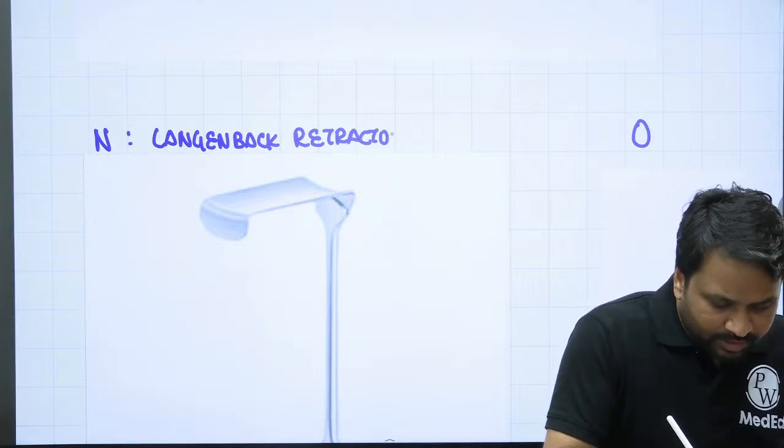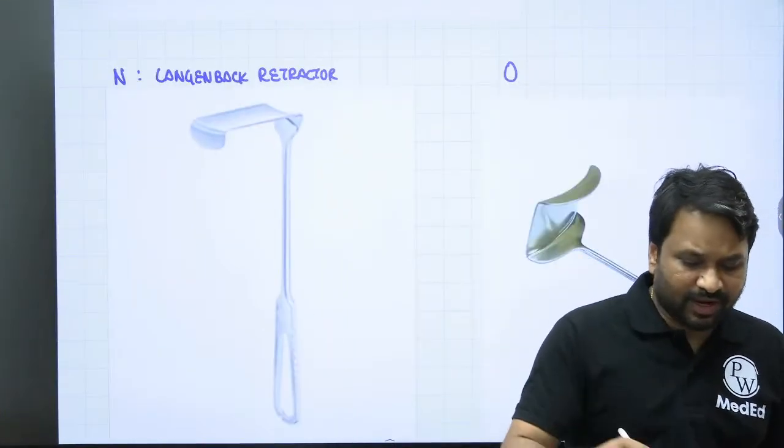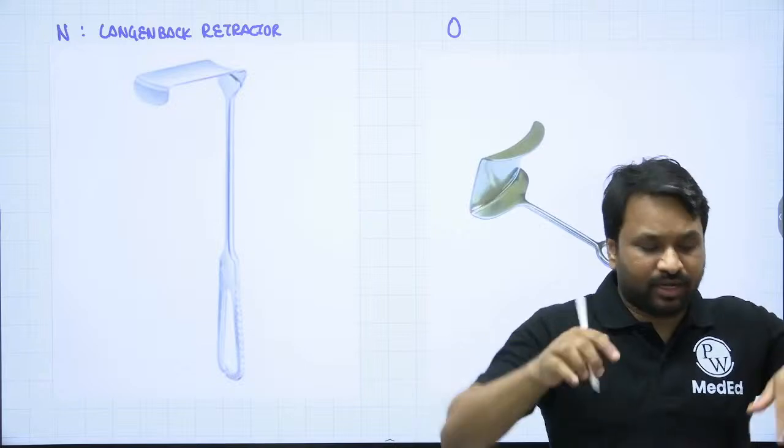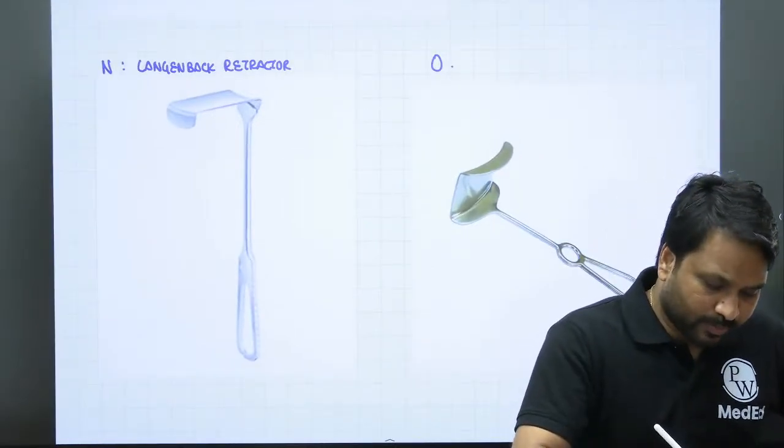A Langenbeck retractor is going to be bent at 90 degrees, with a flattened end. But if you have a wider end, then this will become your Morris retractor.